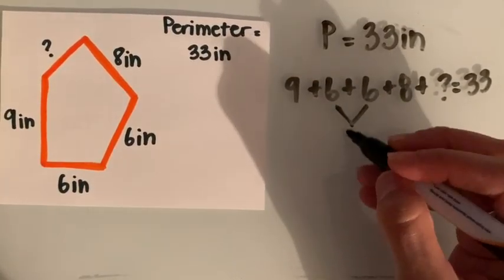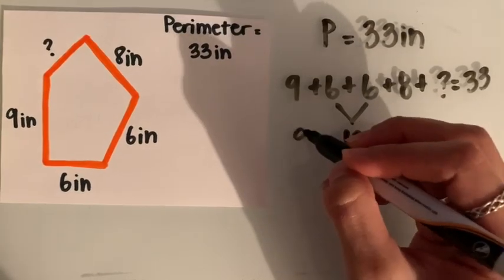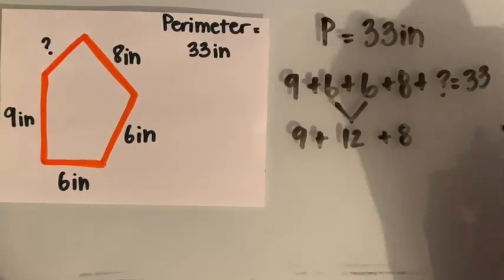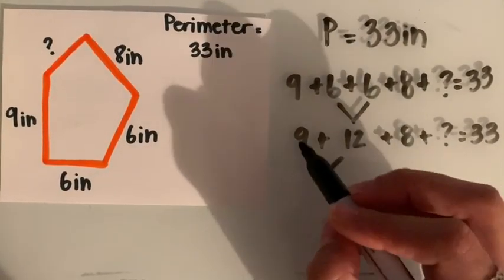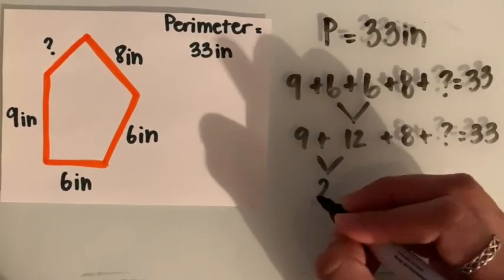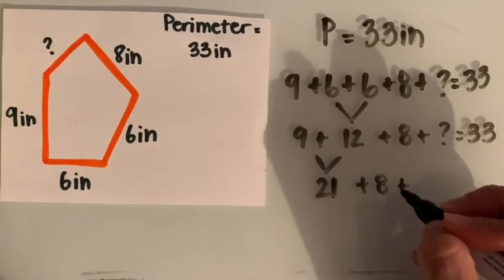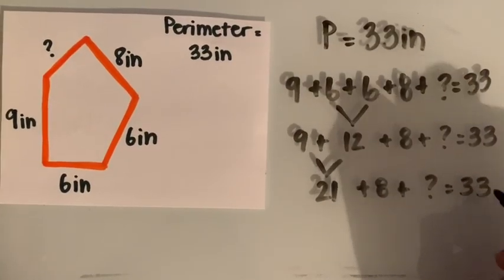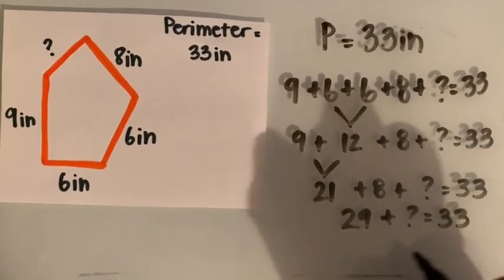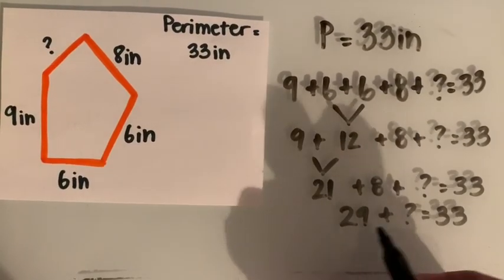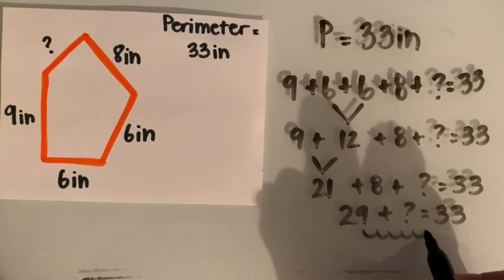We know that 6 plus 6 is 12. And then we're going to add 9 and 8 to that. 12 plus 9 is 21, and 21 plus 8 is 29. Now we have to find out 29 plus question mark, which is 33.